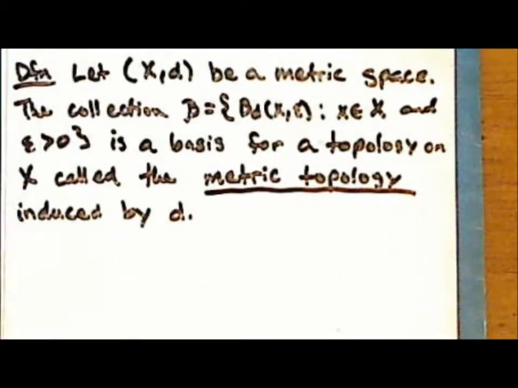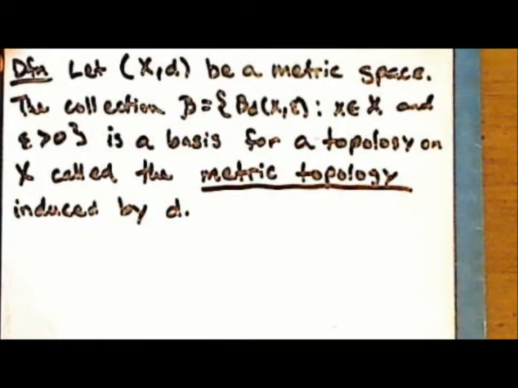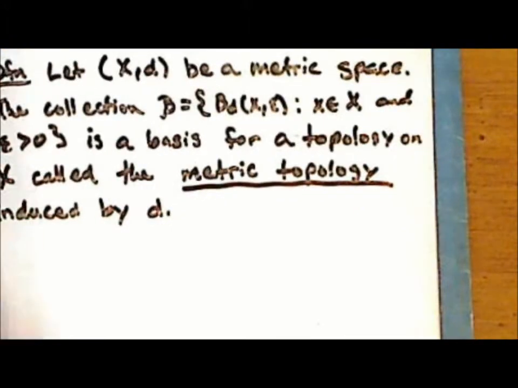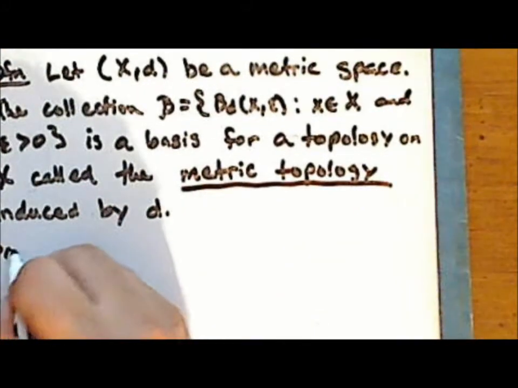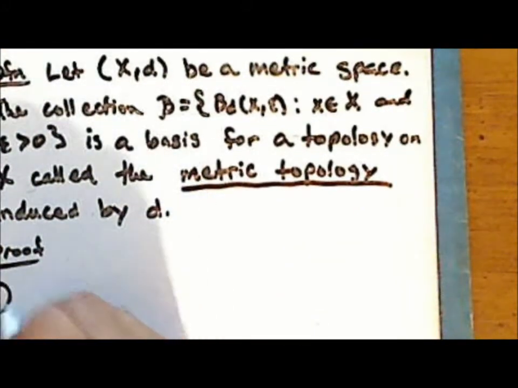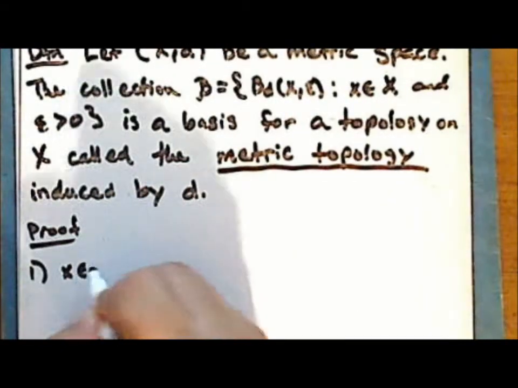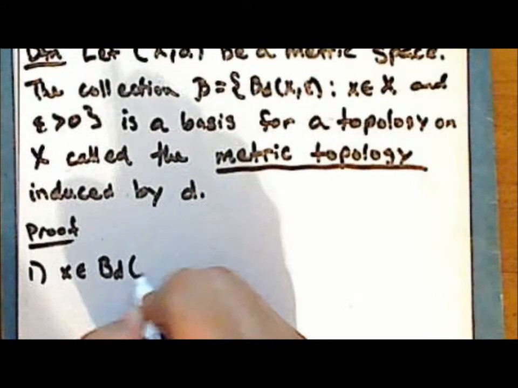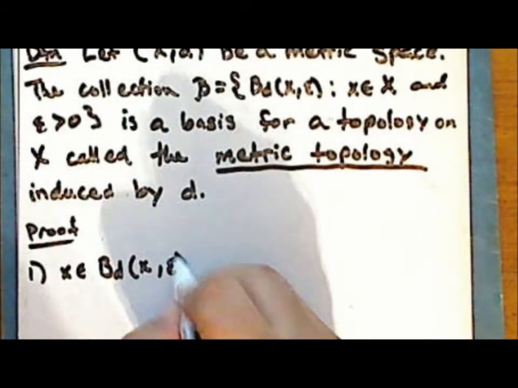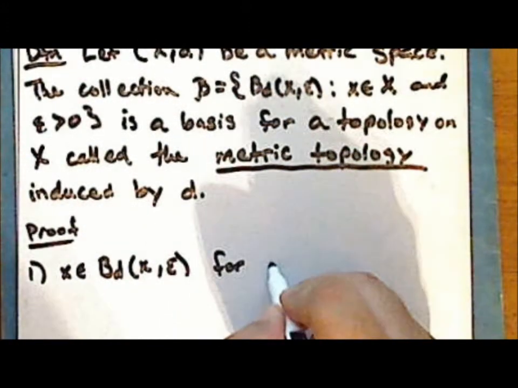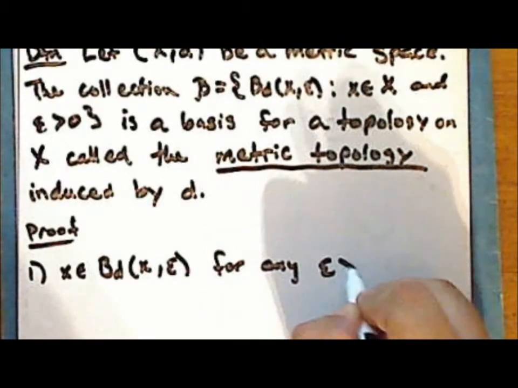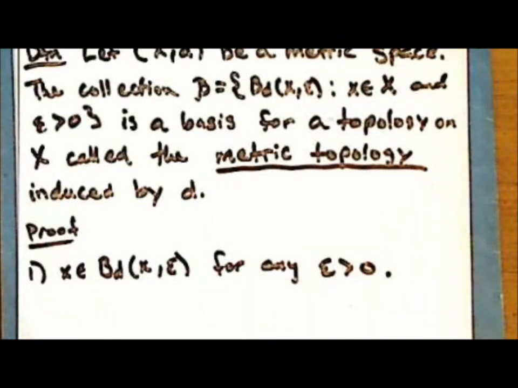All right, so we will show that this collection script B satisfies both conditions for the definition of a topology generated by a basis. So first, notice that the point X is in the epsilon ball centered at X with radius epsilon for any given choice of epsilon.